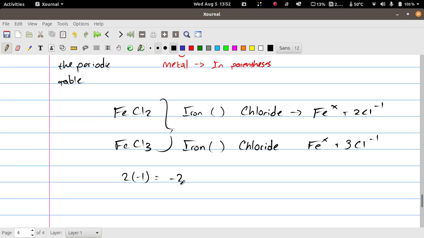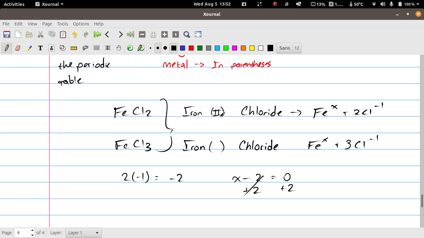That means the iron is bonded to something with a -2 charge, but it's balanced. This compound has a net 0 charge. So if I had x minus 2 equals 0, I could find out the charge of the iron by simply adding 2. So the charge of the iron is 2.